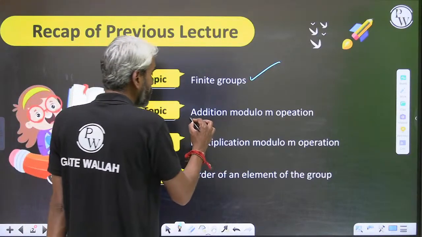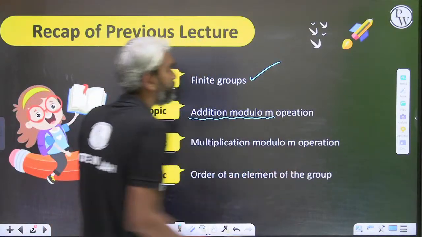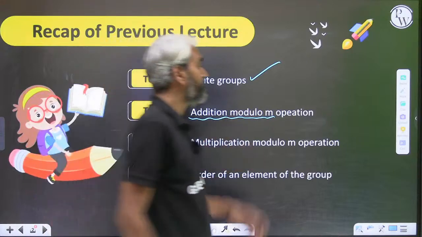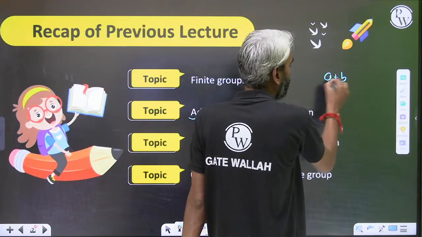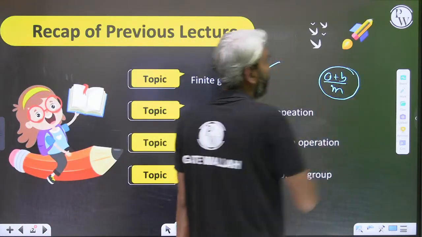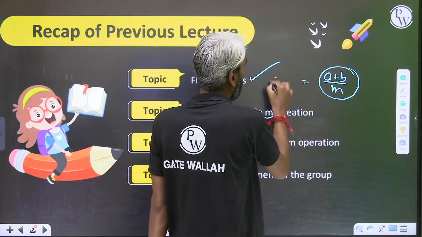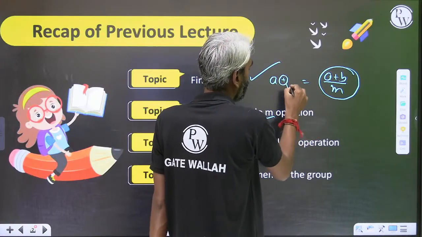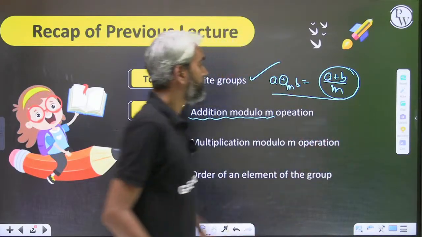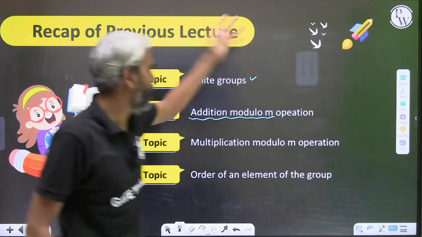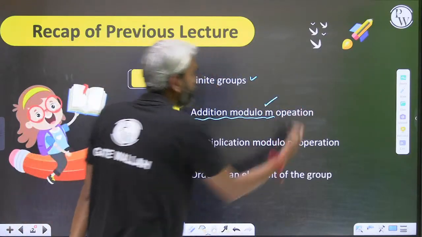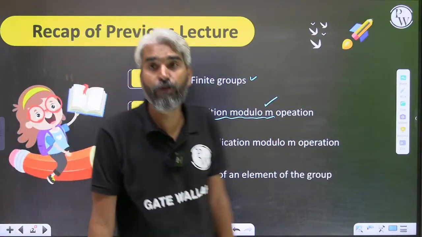With respect to addition, the modified operation is addition modulo m. We divide the summation of a and b by m, and whatever the remainder is will be a addition modulo m b. We know that the result of the modulo m operation will be between 0 and m minus 1.